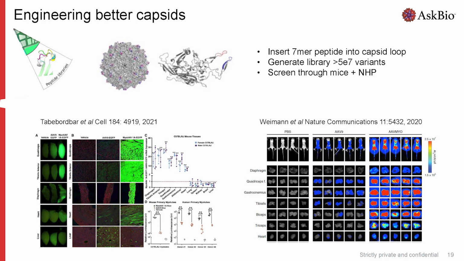It can be up to or more than 5e⁷ variants, which allows us to have a massive sequence landscape to hunt through for variants that have improved compared to the parental. These can be screened through mice or NHP. What I'm presenting here are two great papers that have done this exercise, looking for variants that are better at transducing muscle cells.